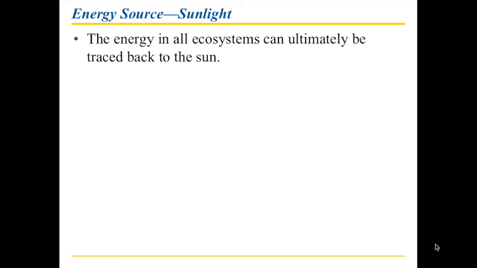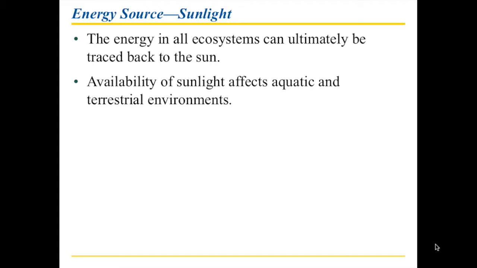And when you look at the sunlight coming in, of course, there are some issues with the sunlight. One of these would be availability of sunlight. When we're in a lecture hall, we have no availability of sunlight, but you can step outside and there's usually plenty of it, unless you go deep down into an aquatic environment where at some point the light will not be able to filter through.